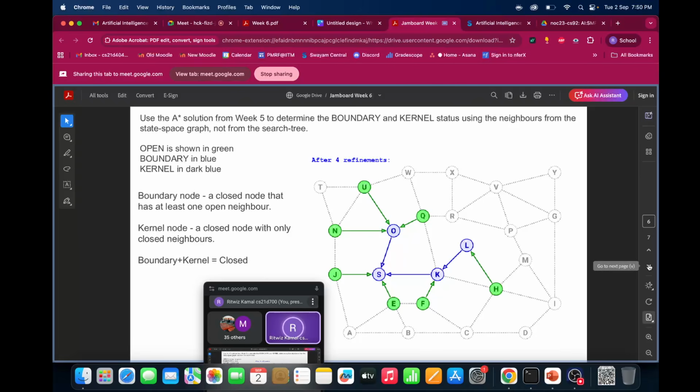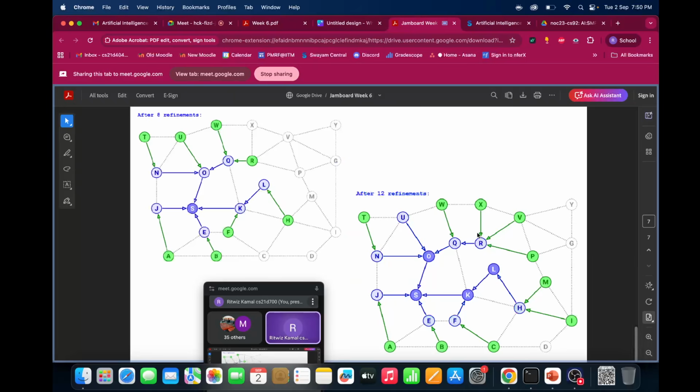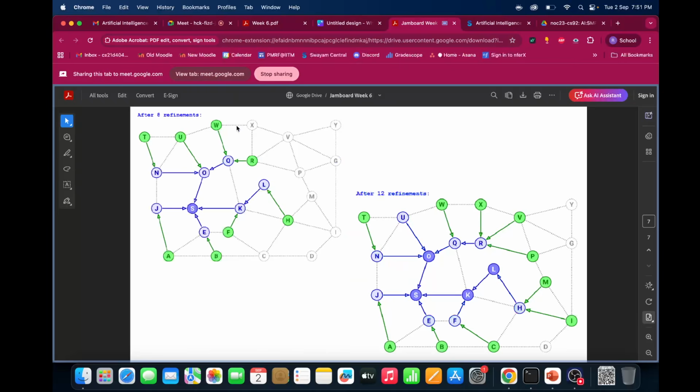Let's say we do 8 refinements. That's when we will reach this particular arrangement on the left side. Here all the green nodes are again in the open, blue nodes are closed. Dark blue is supposed to be one node that has all its neighbors in the closed list.